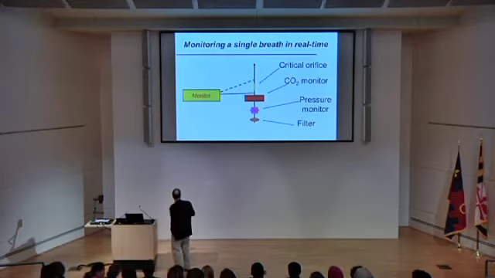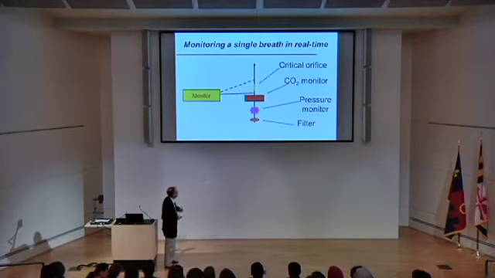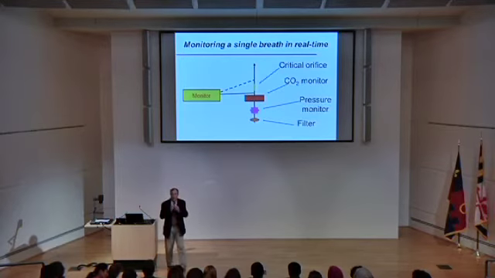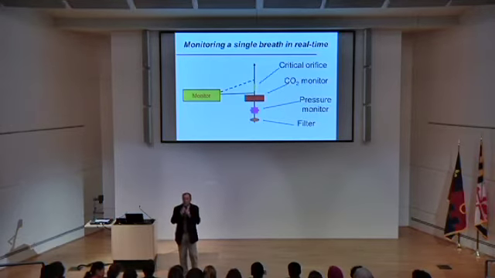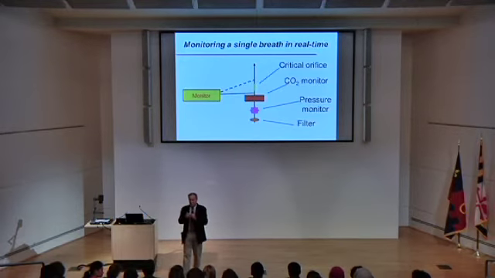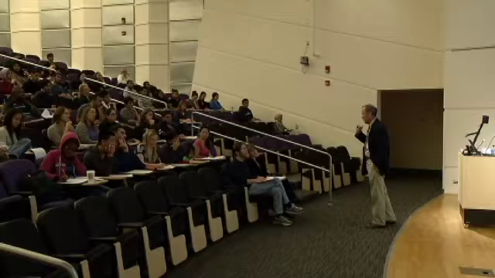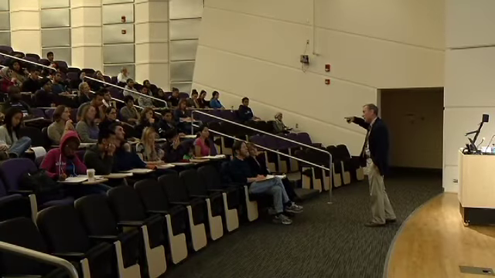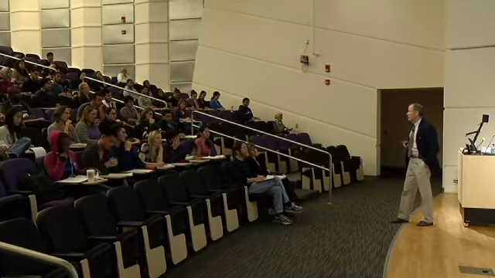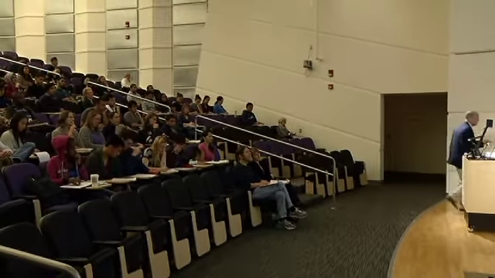So what you do is you ask a person to breathe through a critical orifice that controls the rate at which your breath flows, because that way you can repeat how a person breathes. And you can't measure flow that well, so you measure mouth pressure, because if you have a critical orifice, flow is related to pressure. So this is the way we designed it.